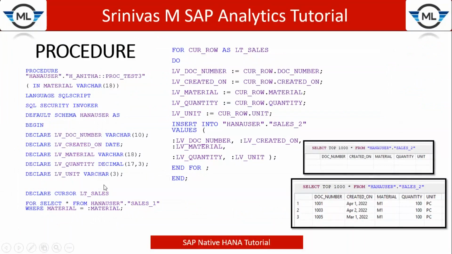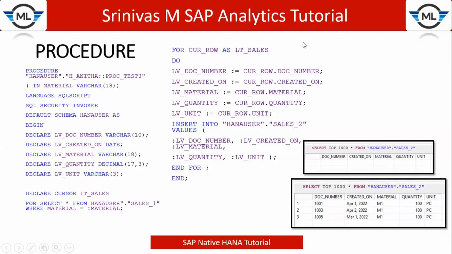So we need to define one cursor to store the data which we are reading using a select statement. This cursor stores the information, and a cursor is nothing but one kind of internal table. For this cursor, we are going to write one for loop.